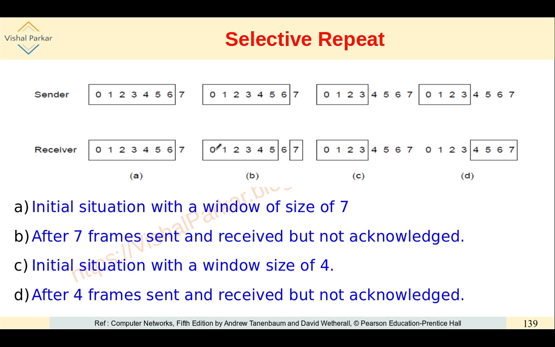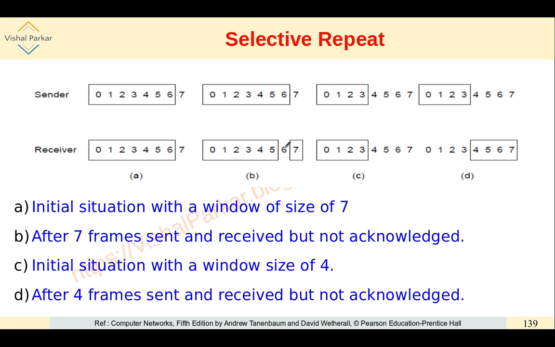That is the problem. The receiver has received the frame with sequence number 0, so it will acknowledge with the last successful sequence number received, 6, as the acknowledgement number. That comes to the sender, and the sender wrongly concludes that all the frames 0 through 6 have been received, and that's why the next frame, which is 7, will be sent.